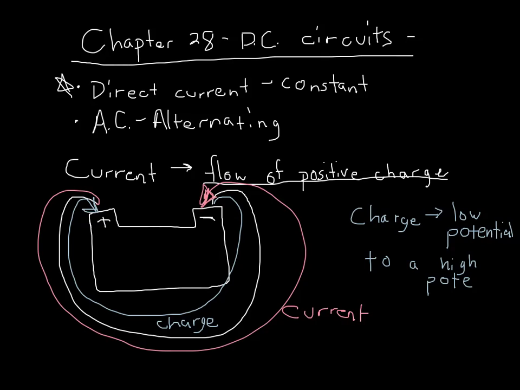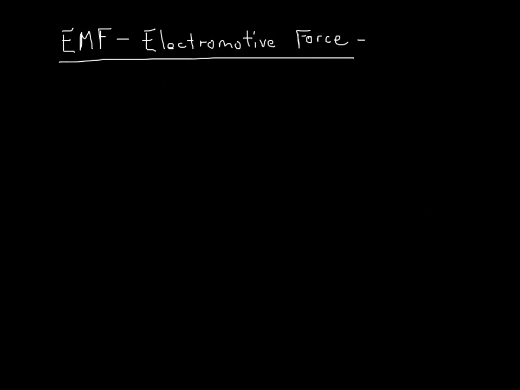And there needs to be some way that it gets enough energy to go from a low to a high potential. And that energy turns out to be something called the EMF. The EMF is short for electromotive force, and it is the energy per charge that you get from a battery.